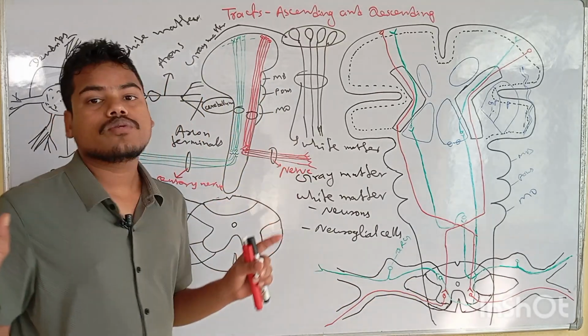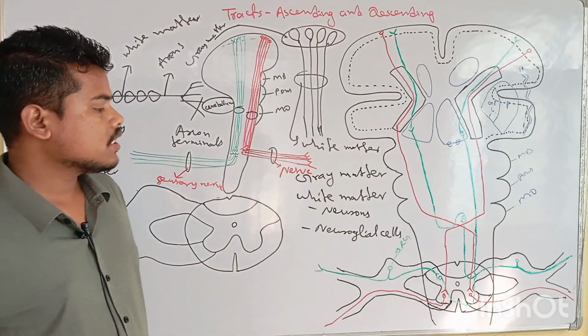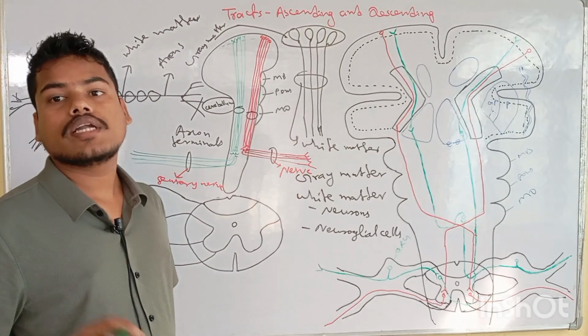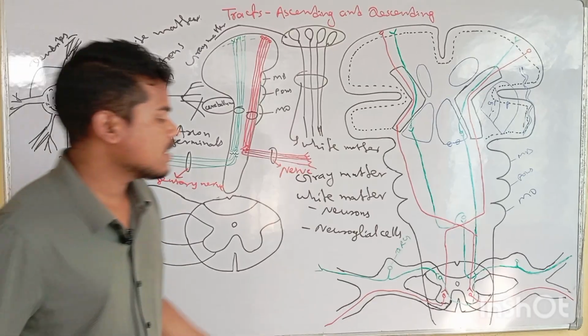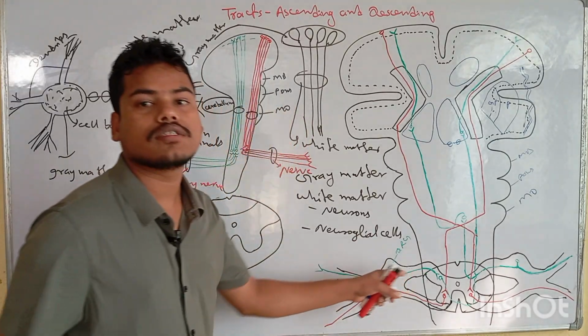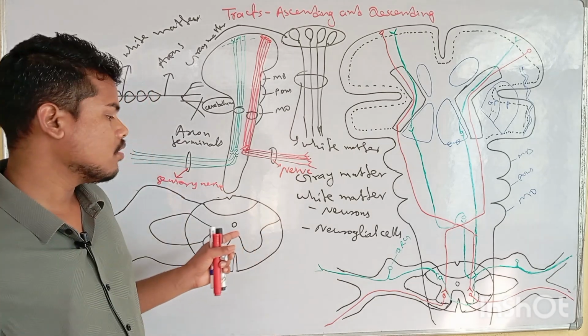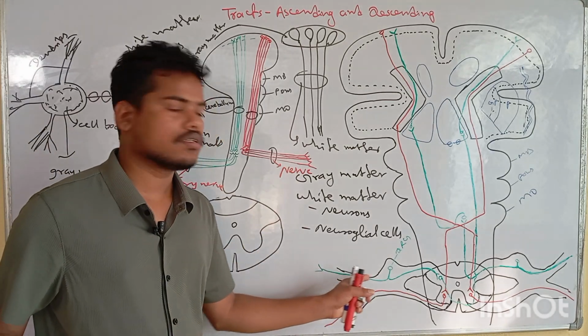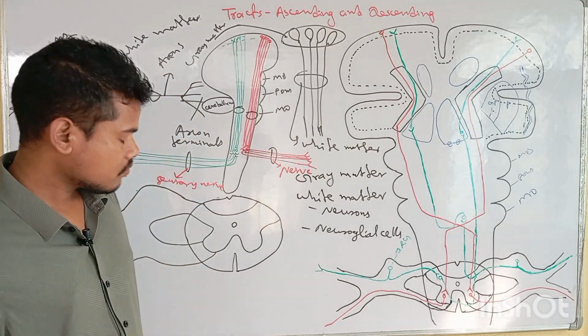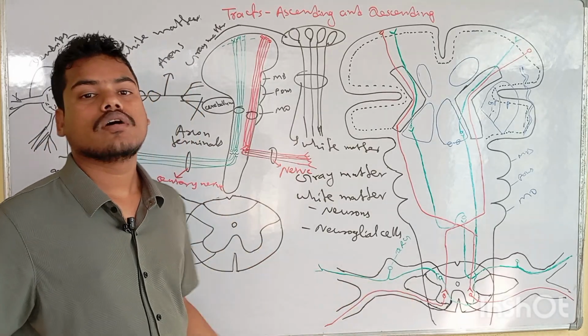But according to Snell's clinical anatomy, Kandel's neural science, and some other authorities, both are axonal projections, not one dendrite and one axon.